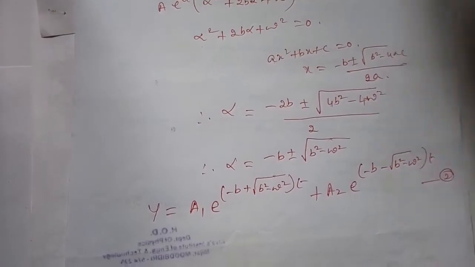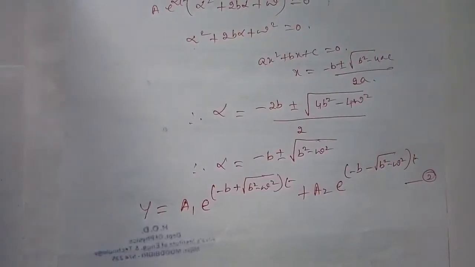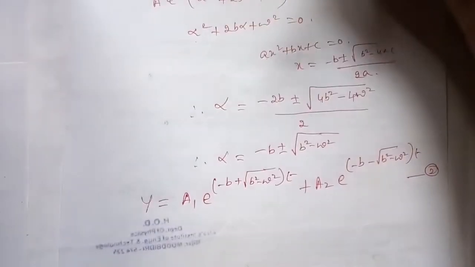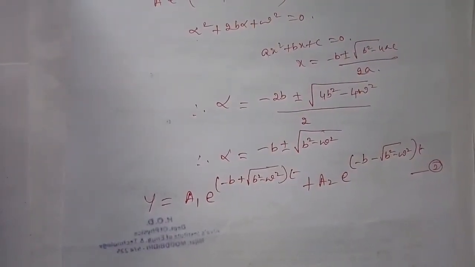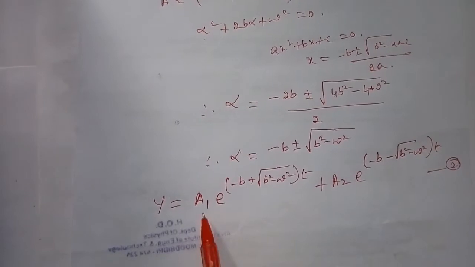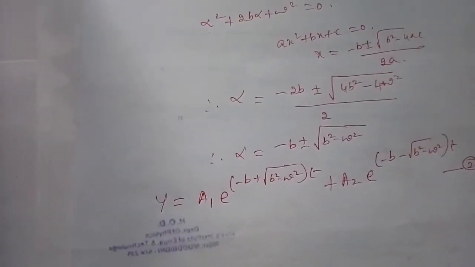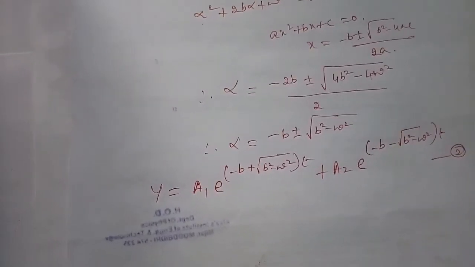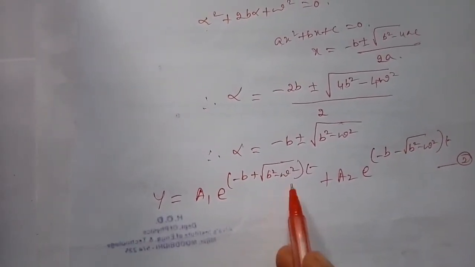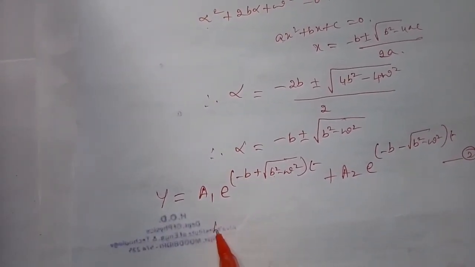Now if you see the values of α, a1 and a2 are the constants, arbitrary constants. The important thing is that the nature of motion depends on the relative values of b and ω.